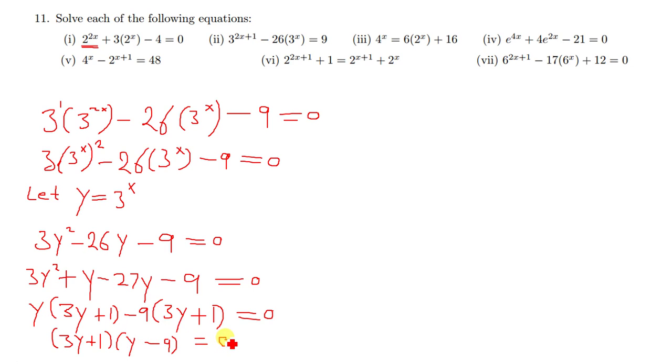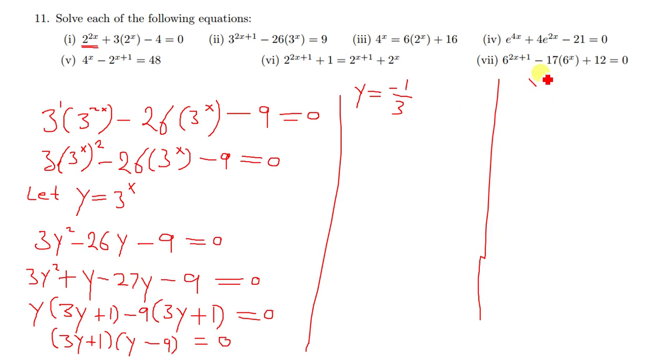After doing that, it's now easier for us to solve. We can recall that at one point we said y is equal to 3 to the power x. But first let's equate these to 0. When we equate the first part to 0, we get our value of y to be equal to negative 1 over 3. If we equate the second part to 0, we get our value of y to be equal to positive 9. From there, where there is y, I'll put 3 to the power x.